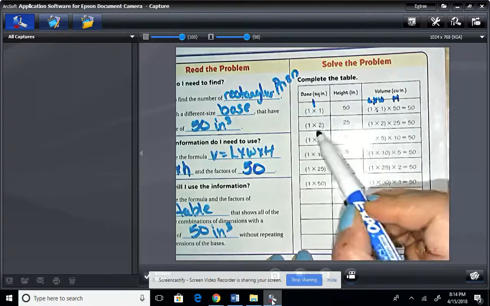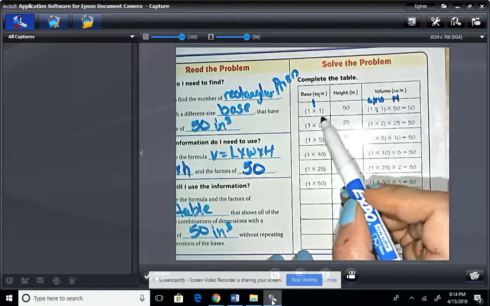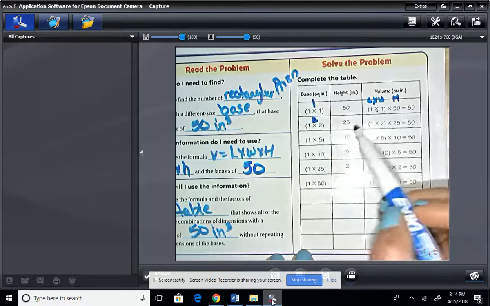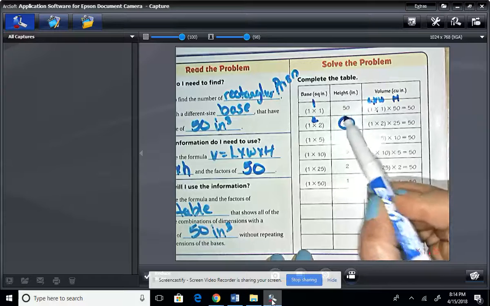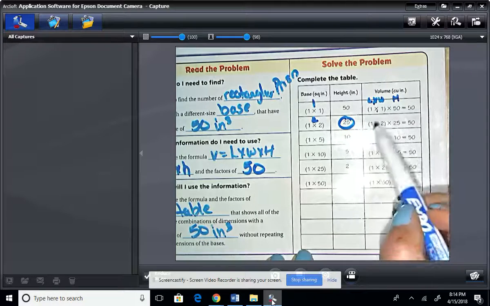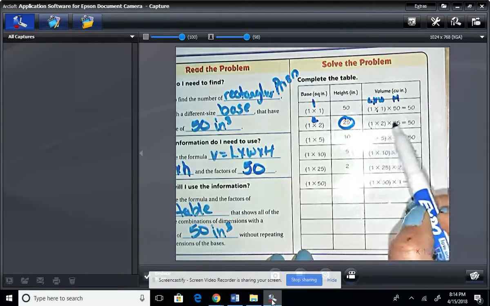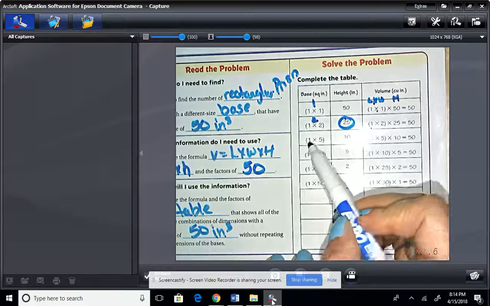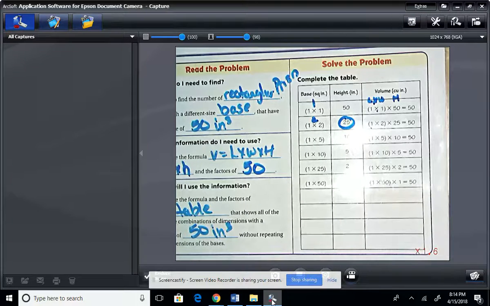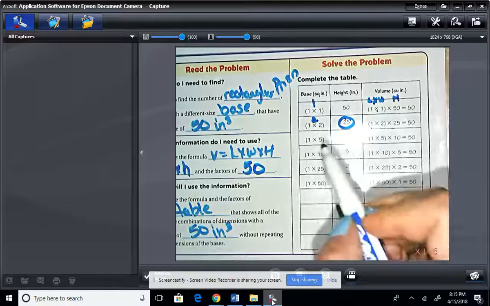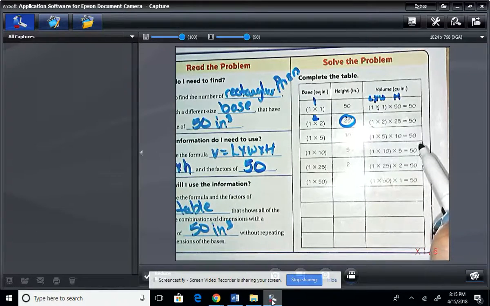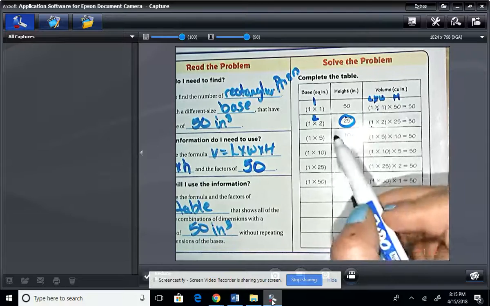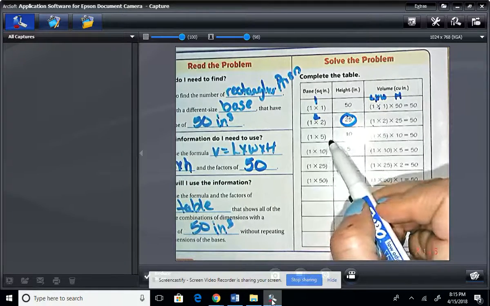So now I can do 1 times 2. I can try 1 times 2, and that's 2. 2 times what will get me to 50? Well, 2 times 25 will get me to 50. So I can do 1 times 2 times 25. Can I do 1 times 3? Because if I do 1 times 3, 3 times anything get me to 50? No. So 4 times anything get me to 50?